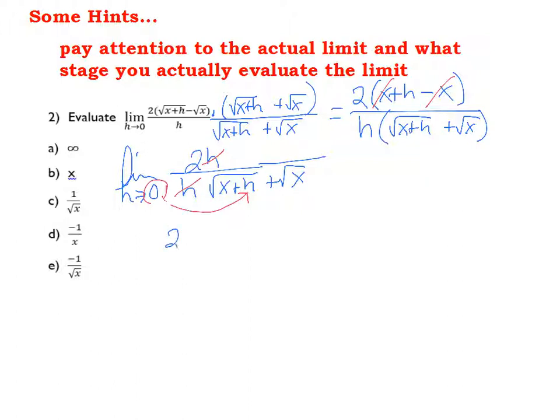It's just going to be a 2 over, I'm going to end up with a square root of x plus square root of x, which is 2 square root of x. The 2's are going to cancel, and I'm going to have 1 over the square root of x. And then I'm looking to see if anything matches, and I think I've got it right there. Sometimes they may end up rationalizing that. They didn't, so just look for when it matches what they have.